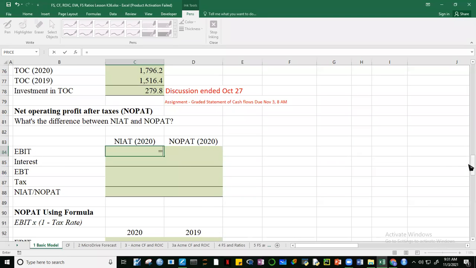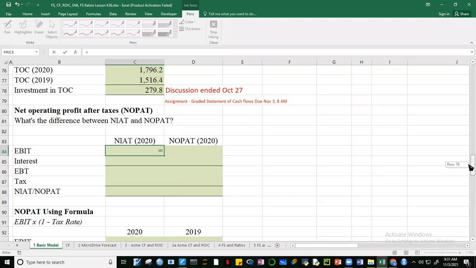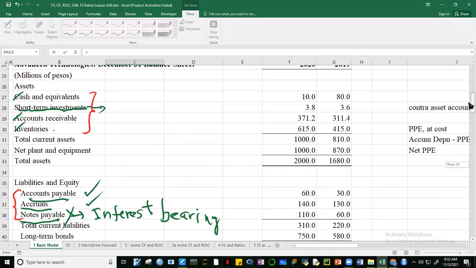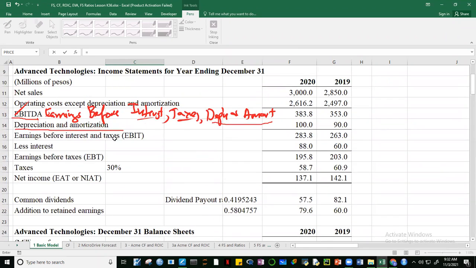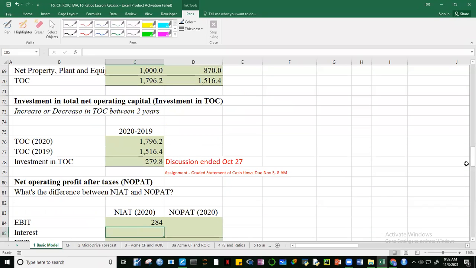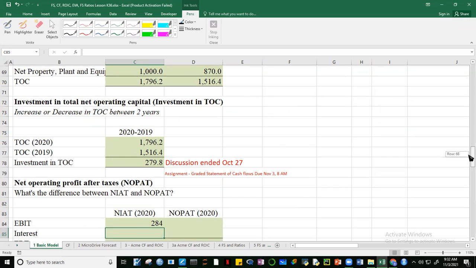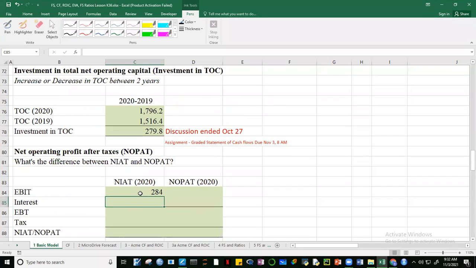So our computation starts with EBIT. Our EBIT for 2020 is, okay, this is our EBIT, earnings before interest and tax. And our interest, you can copy this down.